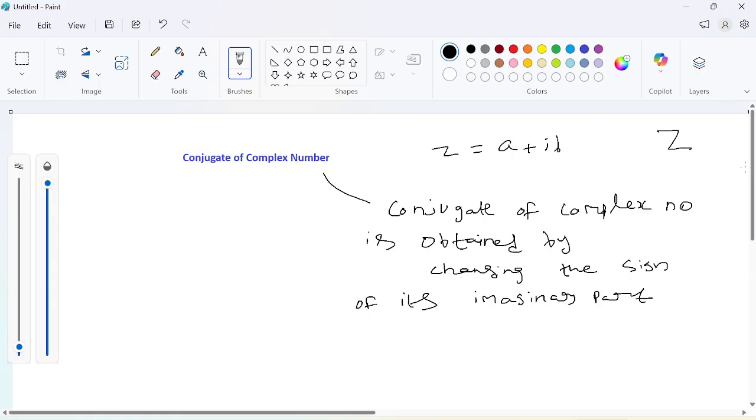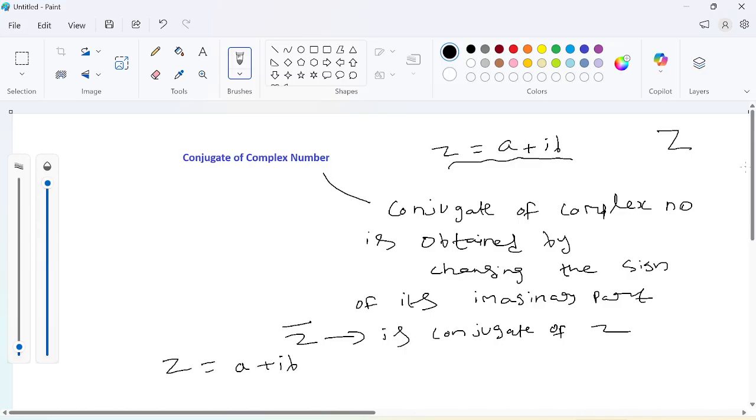That's all. Suppose my z is equal to a plus ib, the conjugate is represented by z bar. So z bar is the conjugate of z. That means if z is equal to a plus ib, z bar will be, changing the sign of the imaginary part, a minus ib.